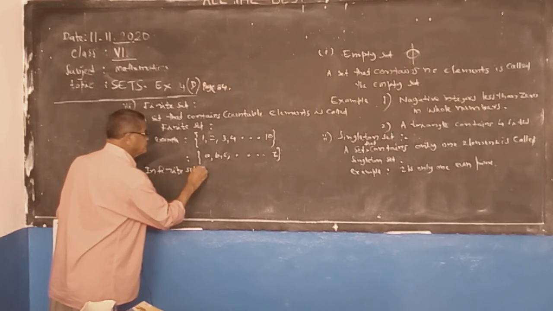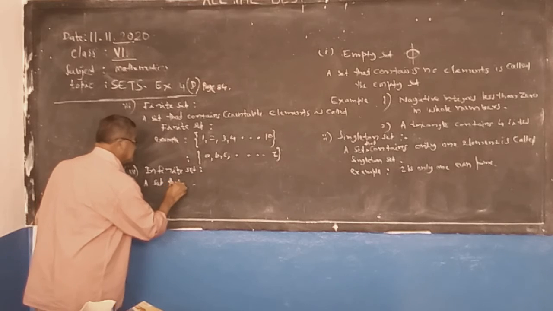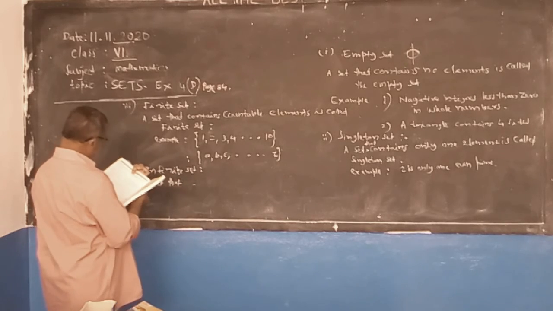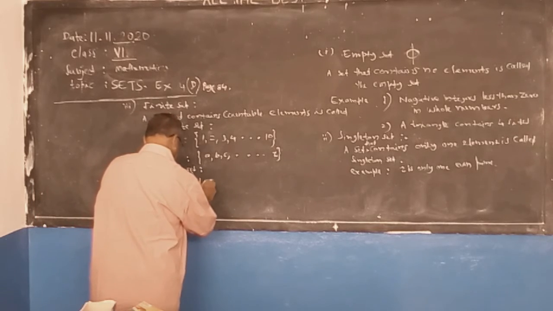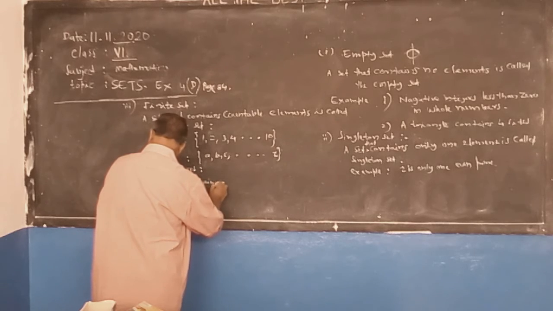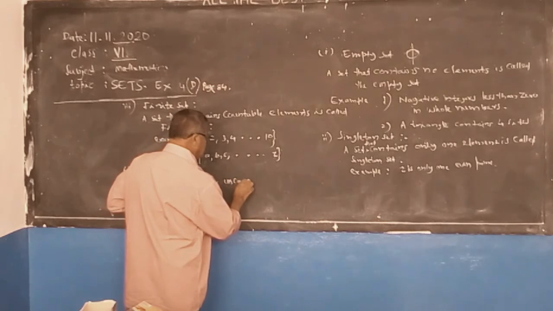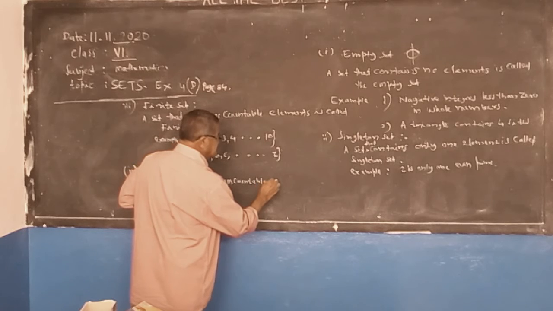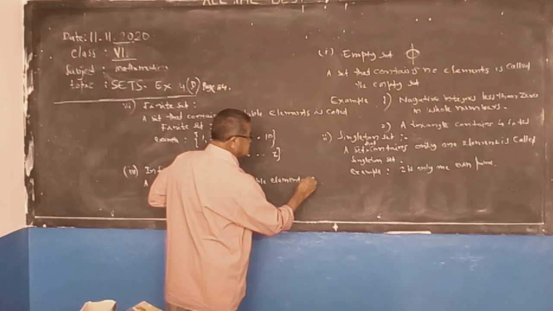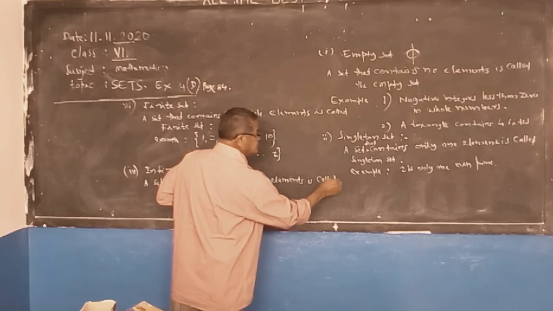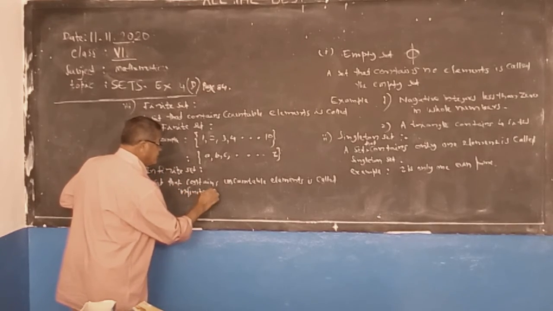Infinite set. A set that contains unlimited, uncountable elements. Elements are members, anything, both are the same. Uncountable elements is called an infinite set.